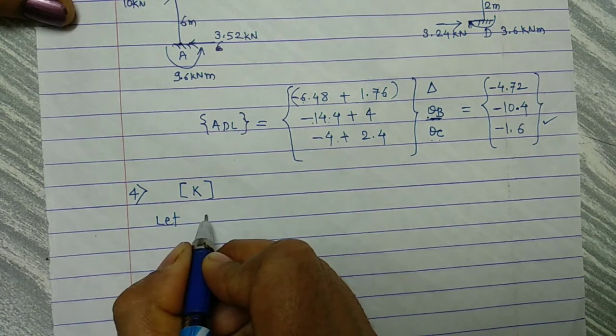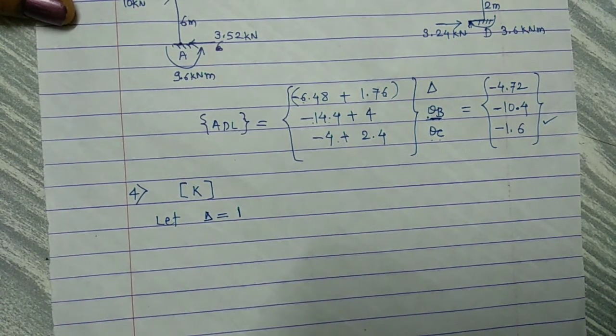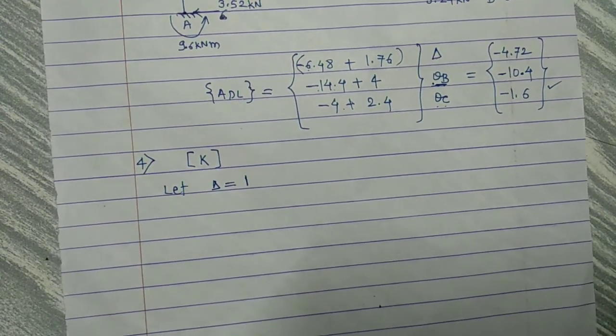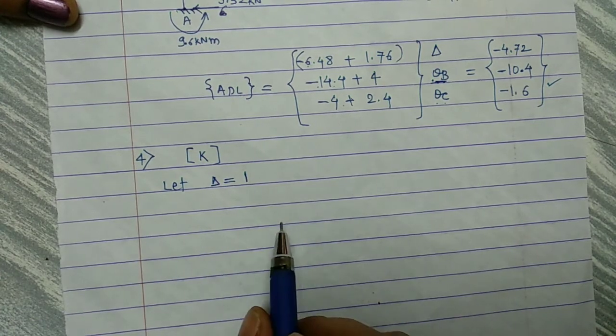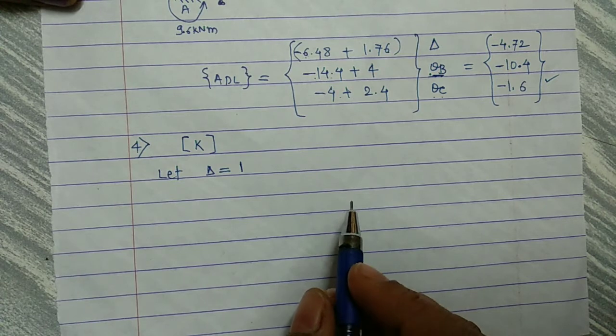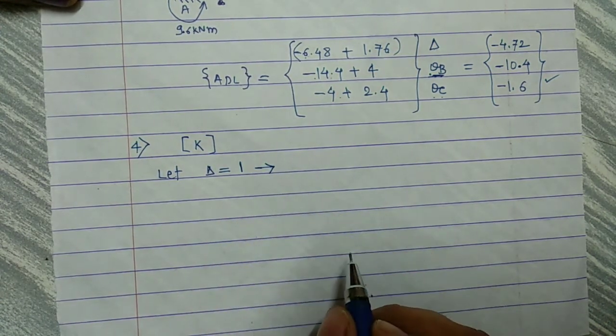Let us take each degree of freedom by giving unit deflection, unit deformation, to each degree of freedom one by one. So let us take delta equal to 1. When delta equals 1, we are giving the horizontal sway a unit deformation in the horizontal direction, considered in the right direction, that is the positive direction.